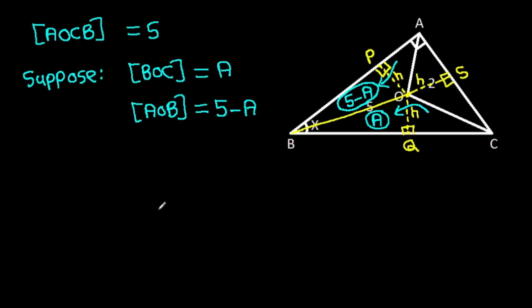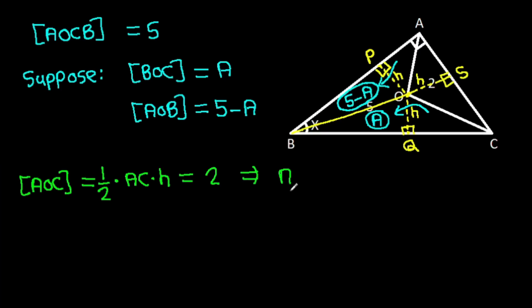Now area of AOC will be 1/2 times base AC and height OS, that is h, and it is 2. So AC will be 2 times 2, that is 4 over h.